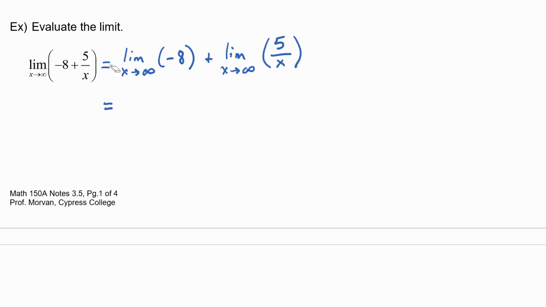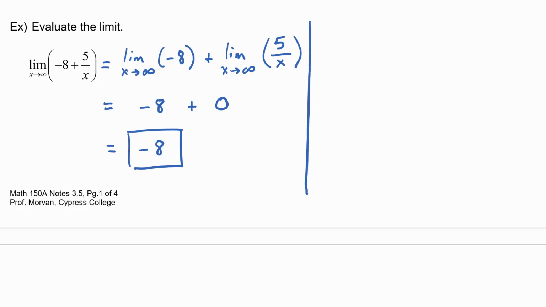We know the limit at any x value of a constant function is just the constant, and the limit as x goes to infinity of 5 over x is going to go to 0 because 5 over infinity is 0. So this limit is -8.